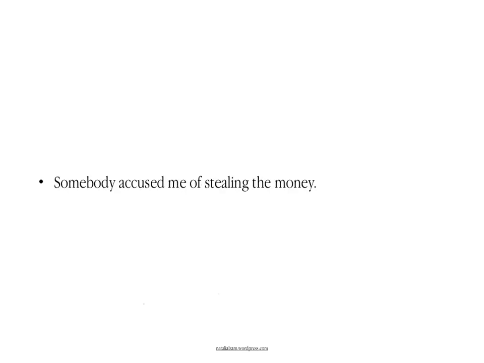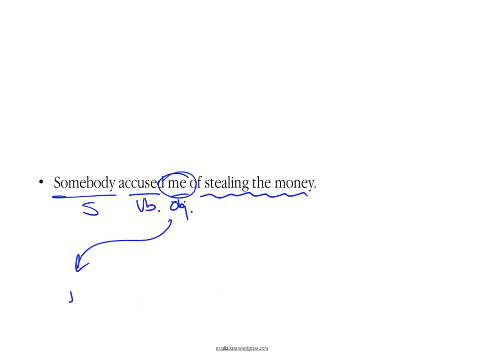Very similar sentence here. You've got the subject, the verb, and then the object, and then some other information. So what we need to do now, the object will become the subject, I. This verb's in the past, so we need to use the past of the verb to be, I was, and then this verb in the past participle, accused, and then the rest of information of stealing the money.